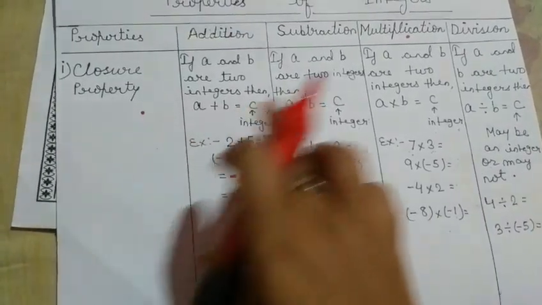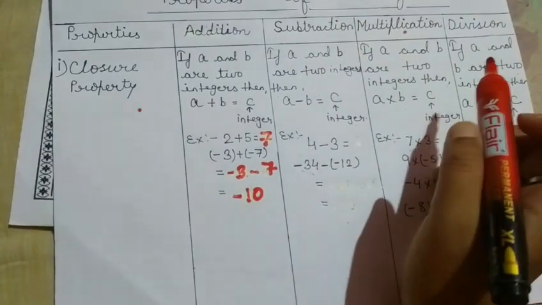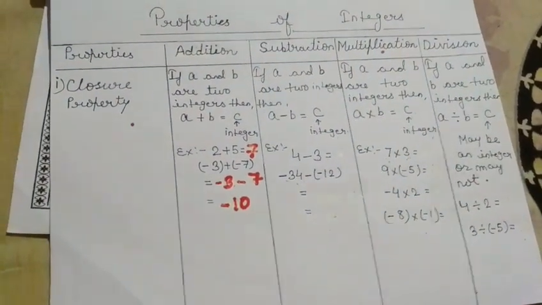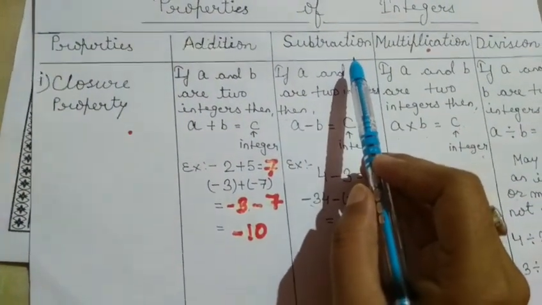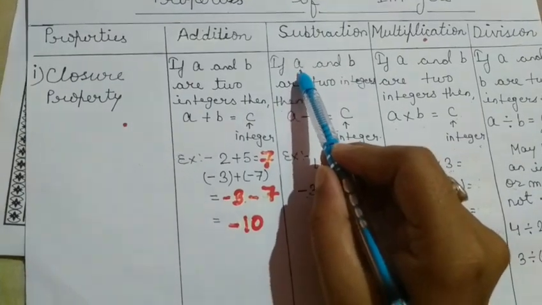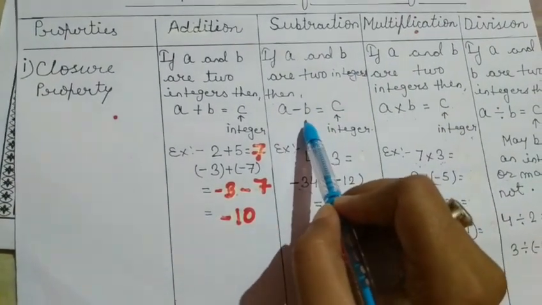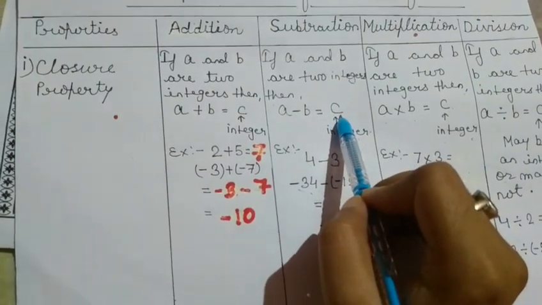Just check in second operation, that means subtraction. In subtraction case, we will take two integers a and b. When we subtract a and b, c will come, and what is c?